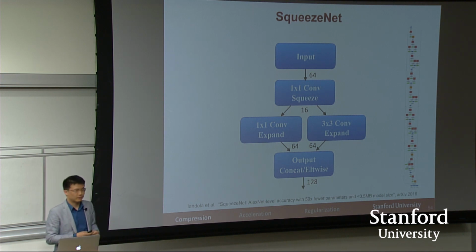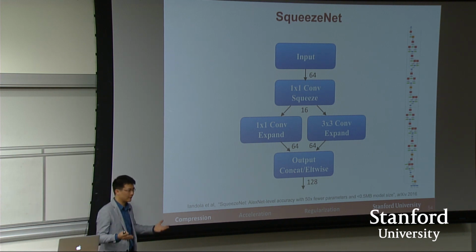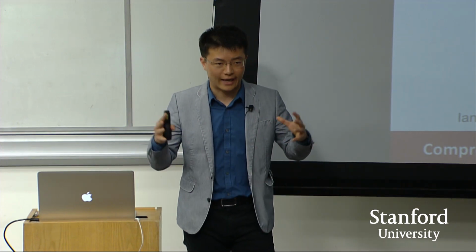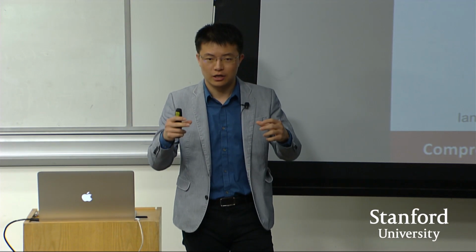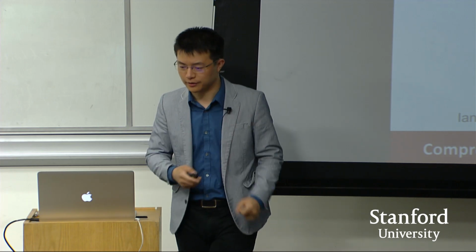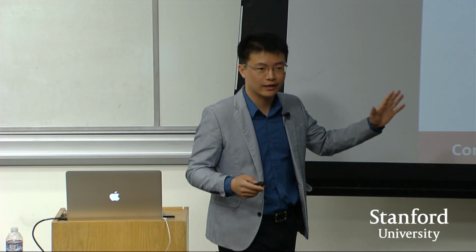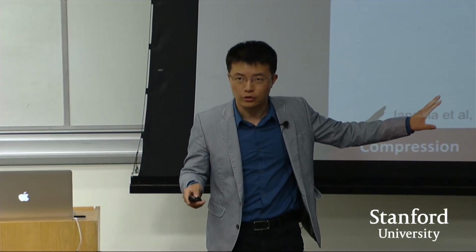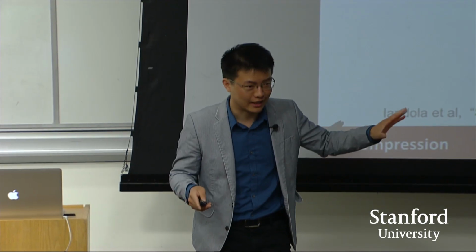As a result, the model is extremely compact. It doesn't have any fully connected layers. Everything is fully convolutional. The last layer is a global pooling. So what if we apply the deep compression algorithm on such an already compact model? Will it get even smaller?